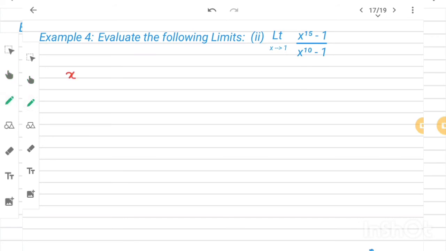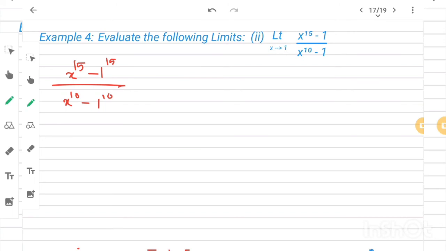The given numerator is x^15. Once again, (x^15 − 1) whole divided by (x^10 − 1). And 1 is 1^15, I can write, right? Here also I can write 1^10.